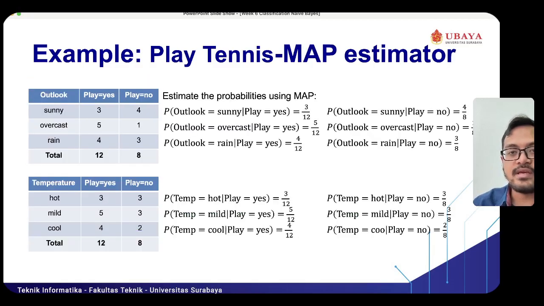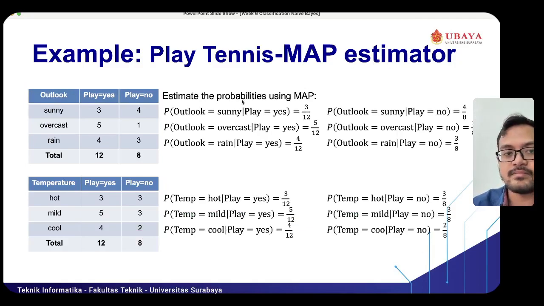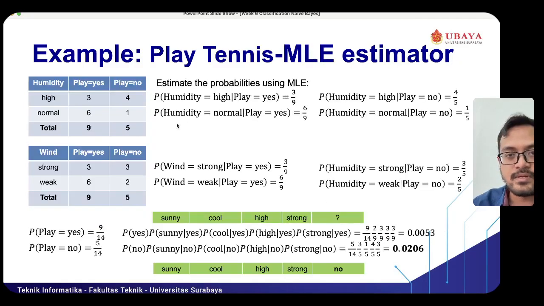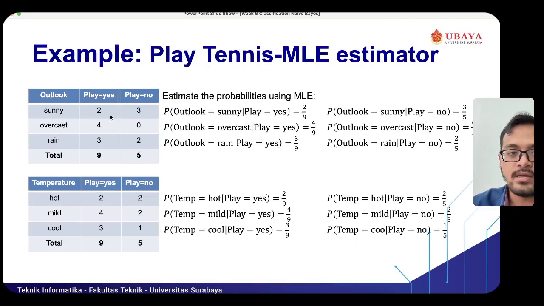And we also have the MAP estimator and the MLE estimator. What are the differences? It's very simple, I think. For the MLE estimator, we put the numbers here, 3 and 4, based on our training dataset. So if Outlook equals Sunny and playing tennis equals no, then we count it manually from our training dataset, and we have two conditions for the MLE estimator.